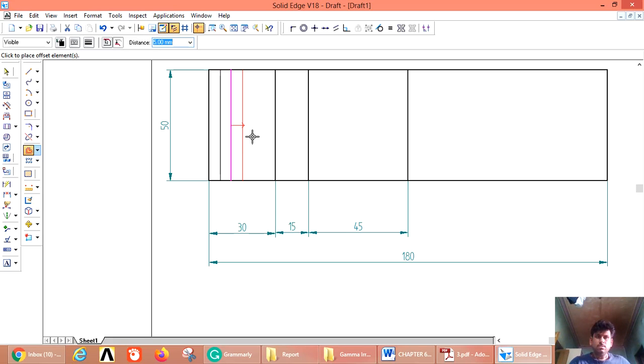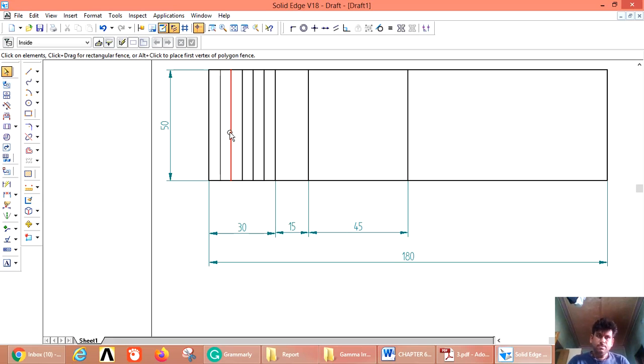All these should be light lines. So I divided this into 6 equal parts: 1, 2, 3, 4, 5 and 6. There is no need of dividing the dwelling. So the return stroke and outward stroke should be divided into 6 equal parts.